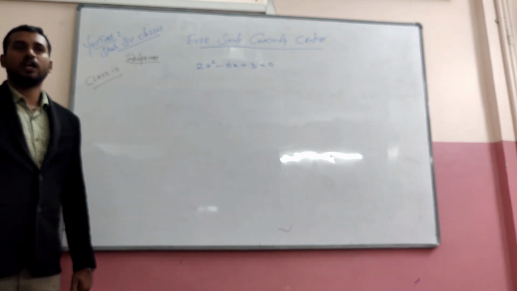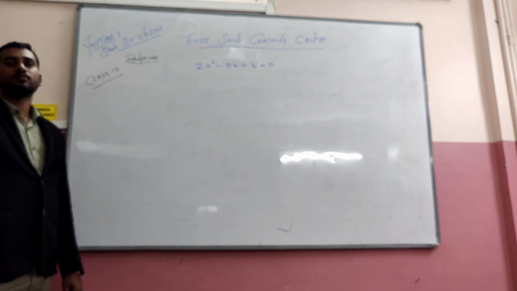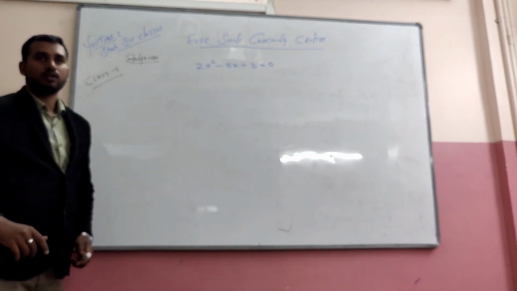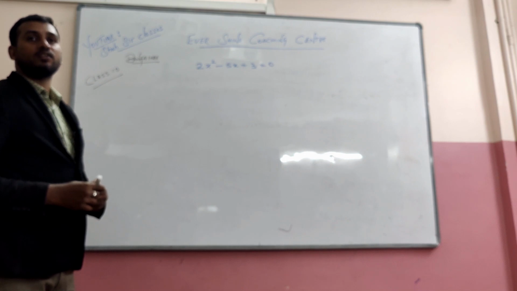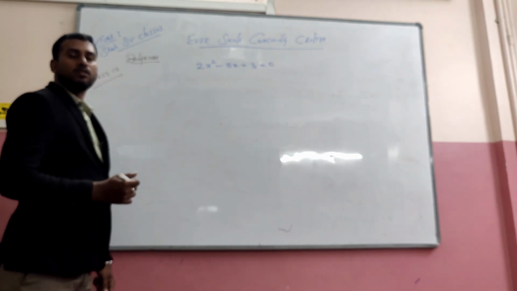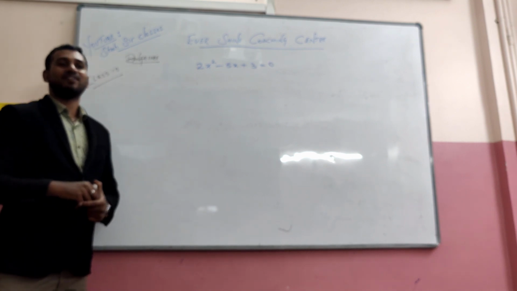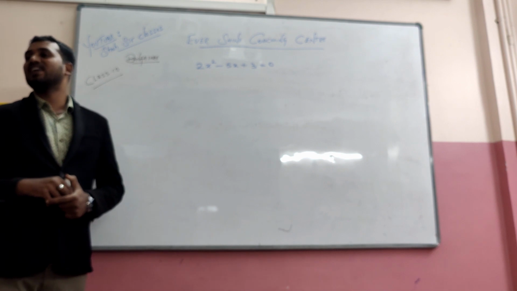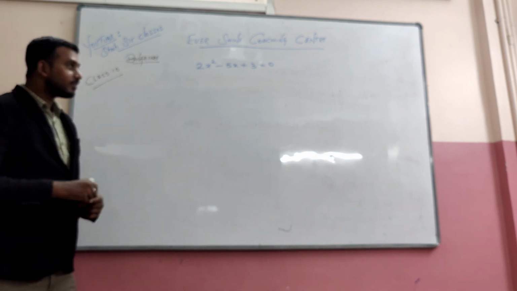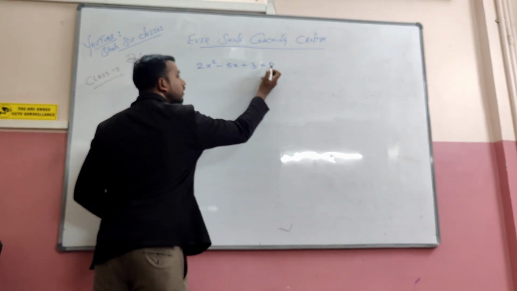Okay? Now come to the steps. Step number 1. Check whether it is in the standard form or not. Right? Second degree, first degree, constant is equals to 0.